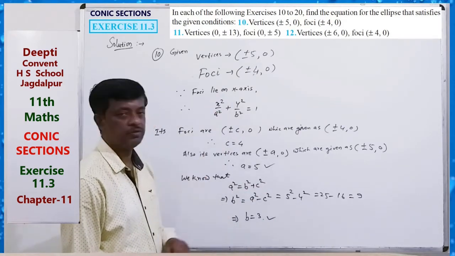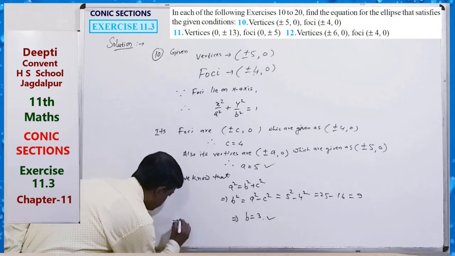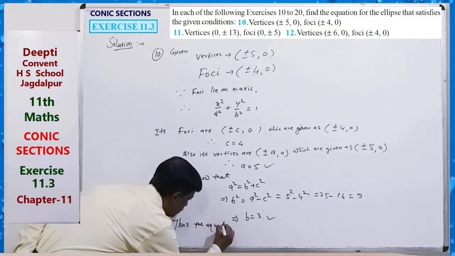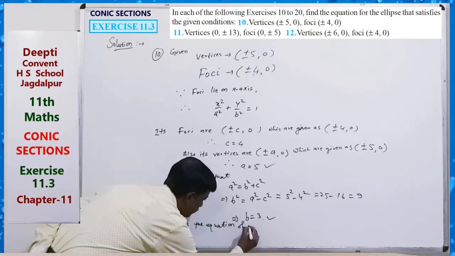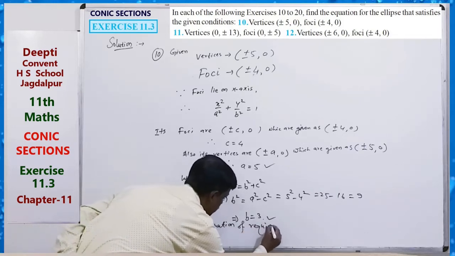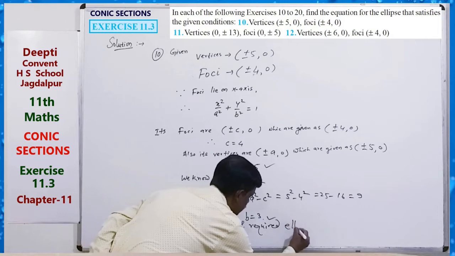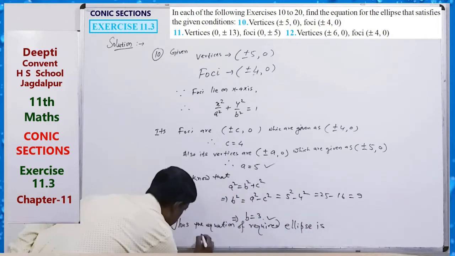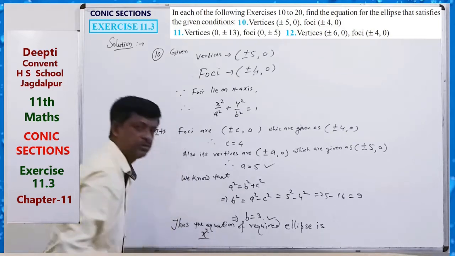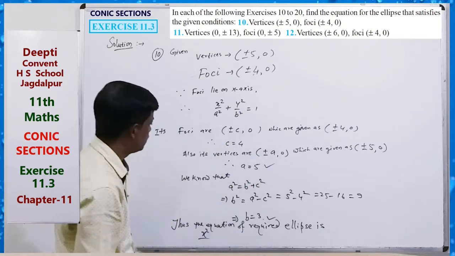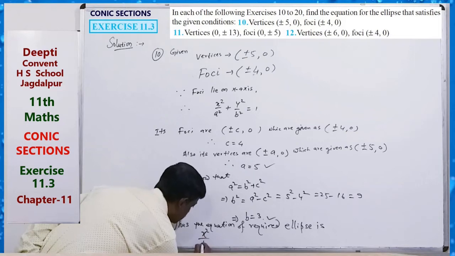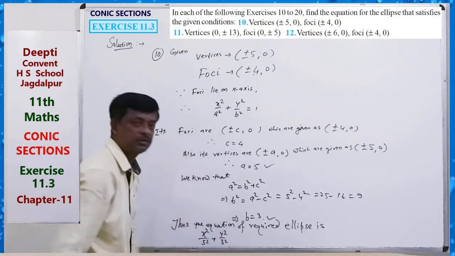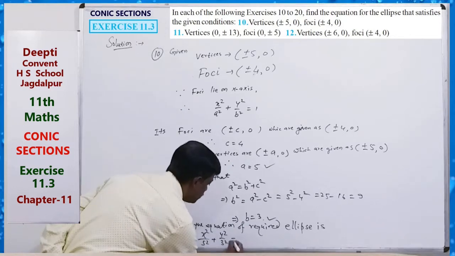Just put the values. Thus, the equation of required ellipse is x square upon a square, 5 square, plus y square upon b square, 3 square, equals to 1.